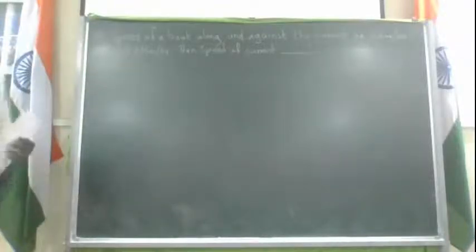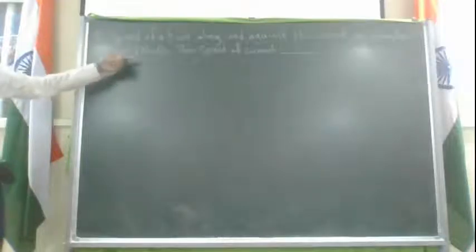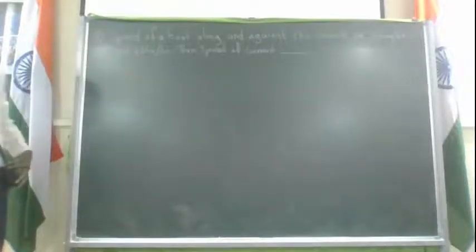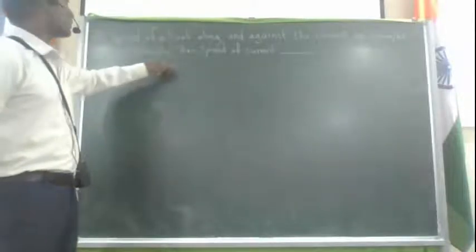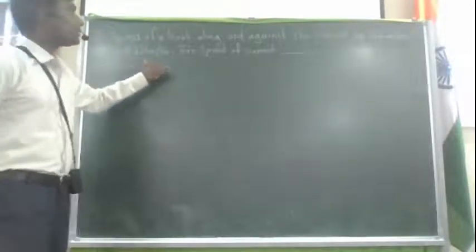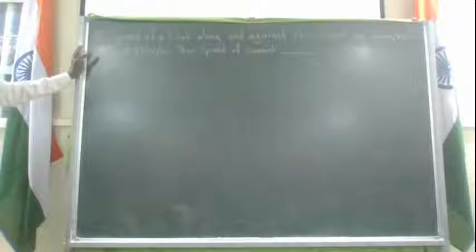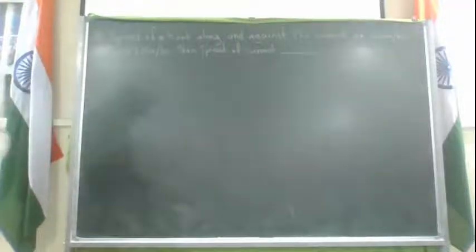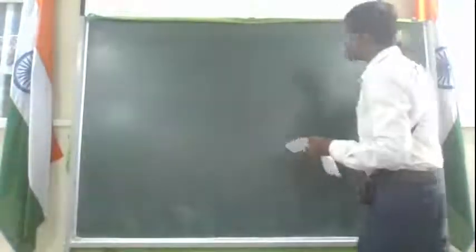True. They have given the speed of the boat along and against the current, upstream and downstream, right? So 12 minus 8 divided by 2. Yes, answer is 2 kilometer per hour. Next question.